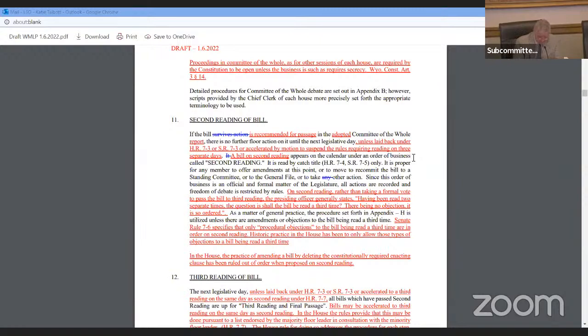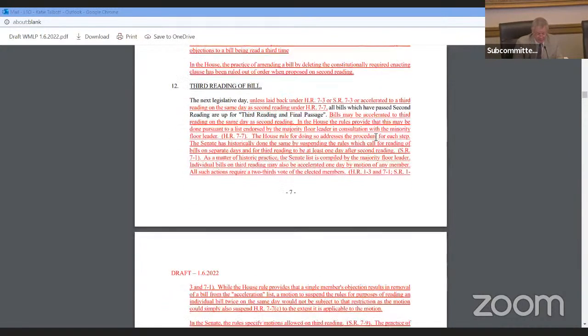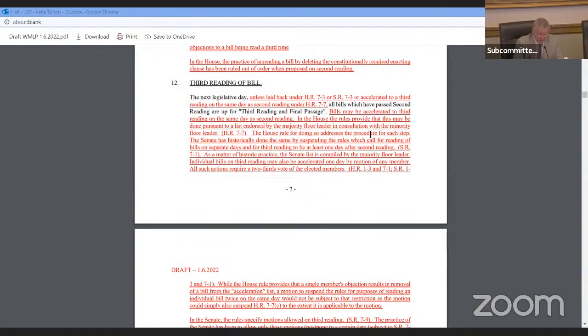Moving to 3rd reading of the bill, Mr. Chairman, page 7. Again, this is just guidance and practice. And the practice has been, the list is compiled by majority floor leader, and it's accelerated by 1 day. Mr. Chairman, in the House, 1 person can remove from the acceleration list. But what we do here as a matter of guidance is, somebody comes back and says, well, geez, we have just 1 person that's objecting to this thing.